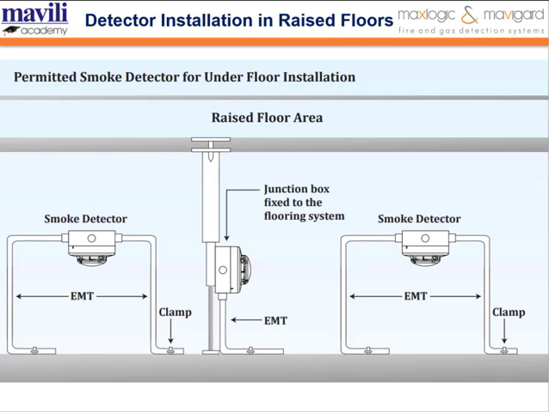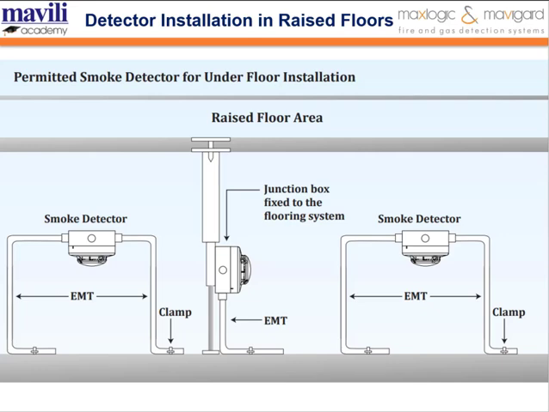The standard also provides guidance on when detection is required in these voids. Detectors should be installed under raised floors if a fire could grow large or allow smoke to spread outside the void before it is detected by detectors outside the space, or if a fire inside the void could damage emergency system cables before being detected.